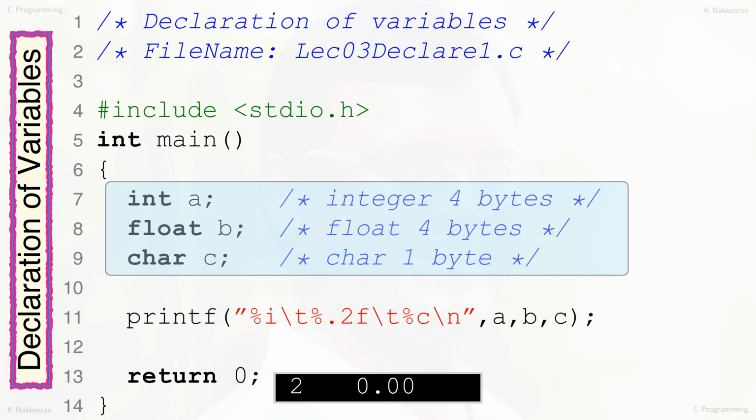Various types of variables can be declared and they can be used for storing, processing, and displaying different types of quantities. Using printf statement, values of the variables can be displayed on the monitor using appropriate specifications. In this C program, 3 different types of variables declared from line 7 to 9.